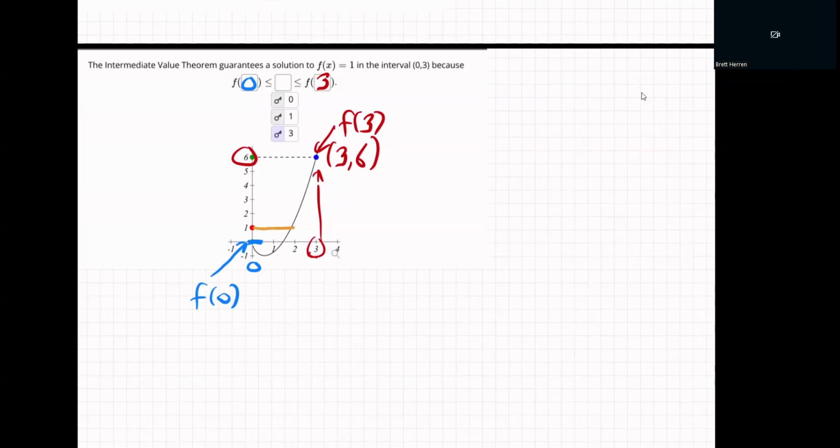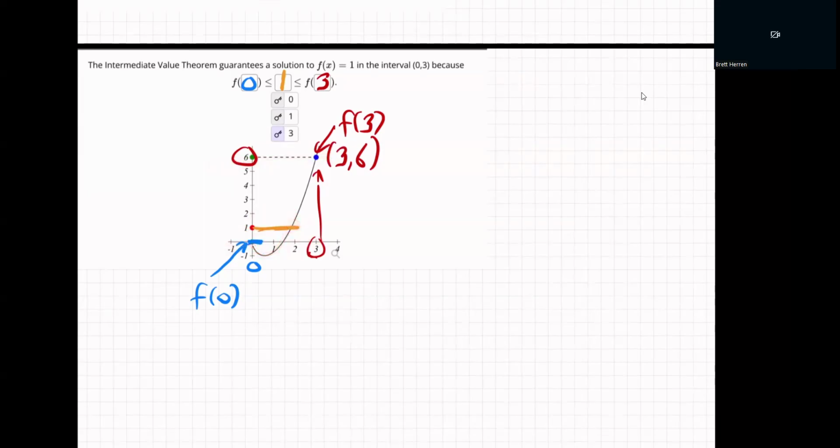In between those is this right here, which is a height of 1. 1 is in between the height of the function at 0 and the height of the function at 3. Right? 1 is in between this height and that height. Meaning it's got to hit that 1 at some point.